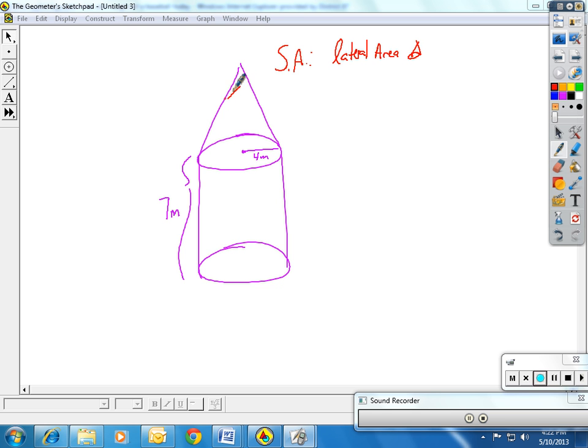That would be all of this. Lateral area of the cone. And I'm going to add that to the lateral surface area of the cylinder.